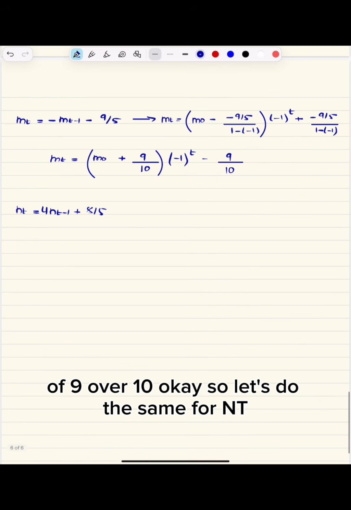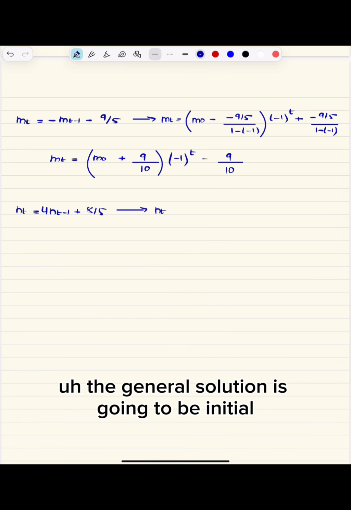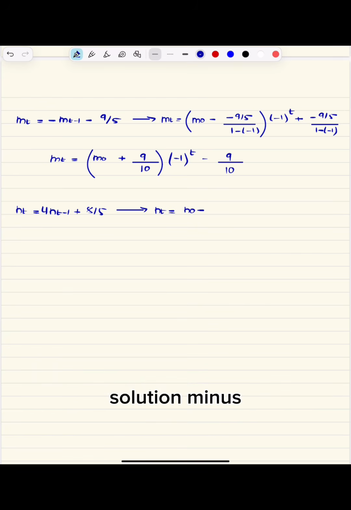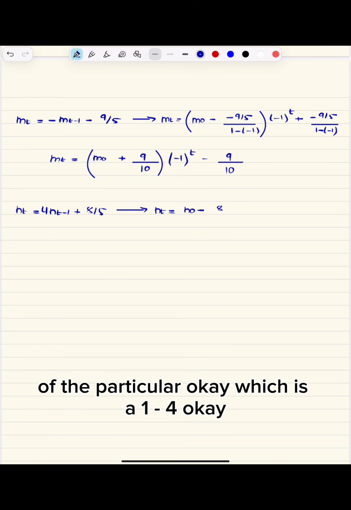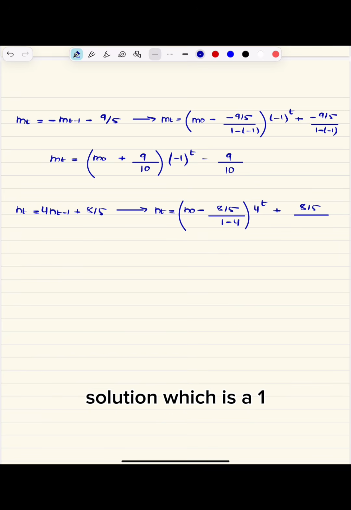Okay, so let's do the same for n_t. The general solution is going to be initial solution minus the particular, which is over 1 minus 4. The value of lambda is 4, to the power t plus the particular solution, which is over 1 minus 4.